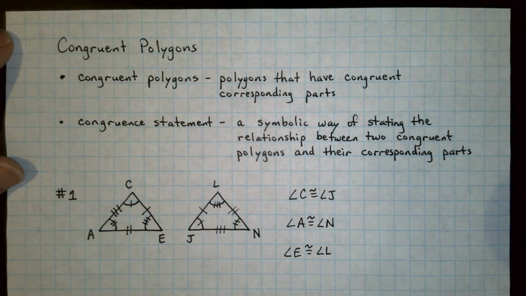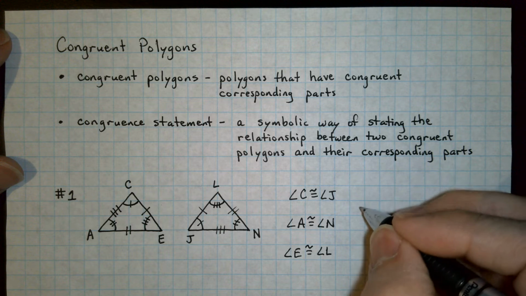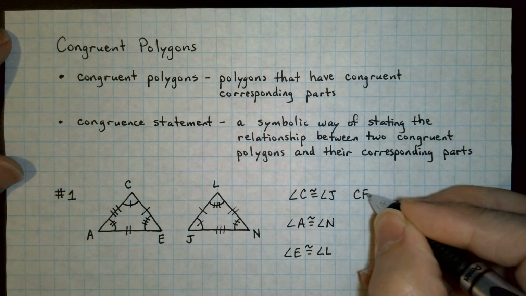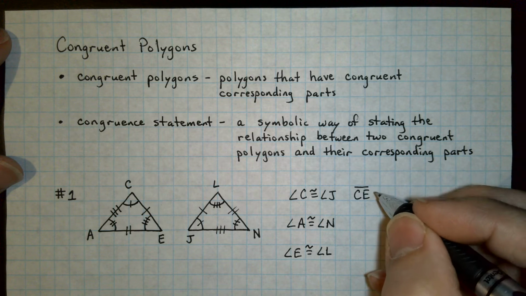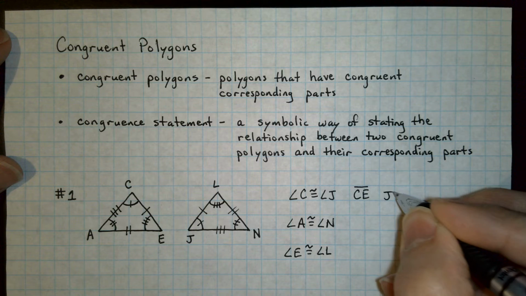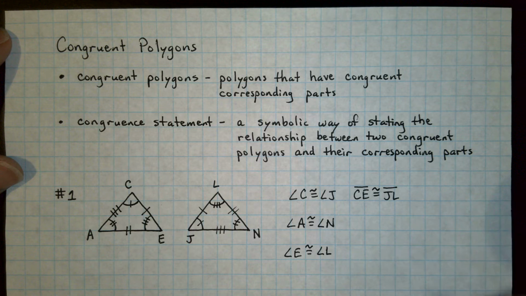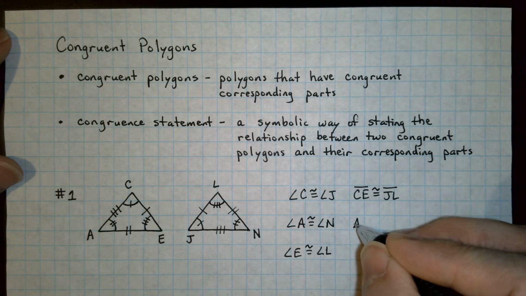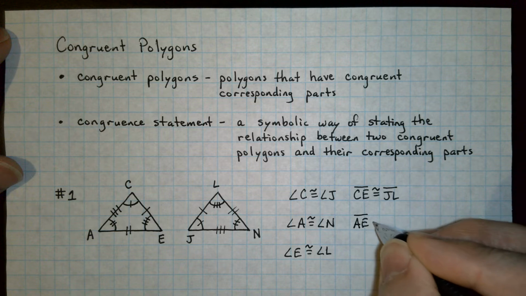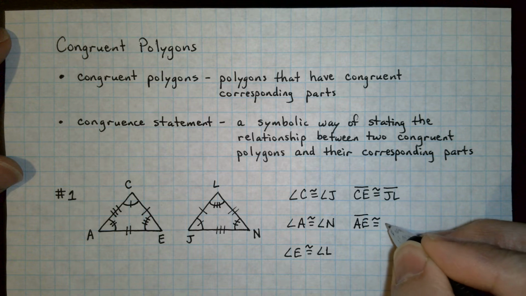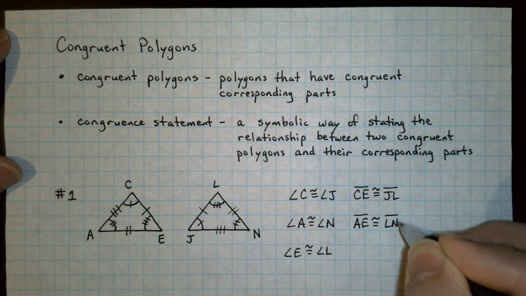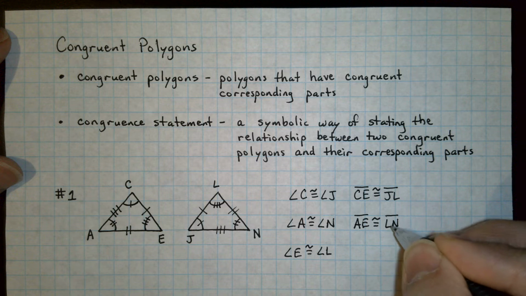Now you can do the same thing with your segments. As we said before, segment CE will have a match with segment JL. So these are matching parts, or we call those corresponding parts. Segment AE is congruent to segment LN, and the order of these letters and the names of the segments doesn't matter.